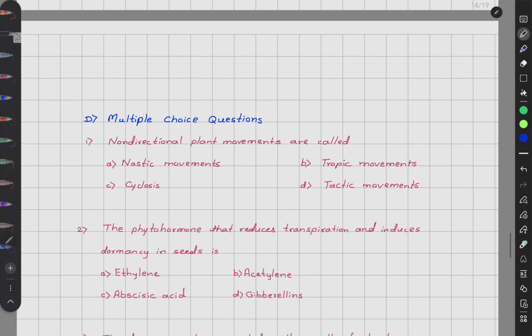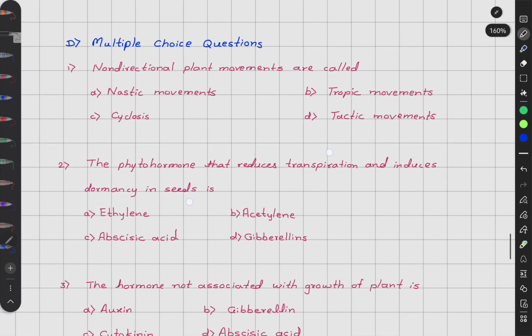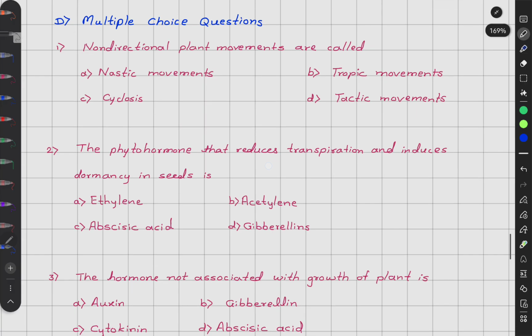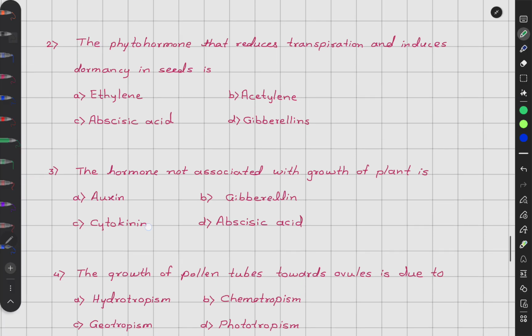Next is multiple choice questions. In MCQ, our first question: non-directional plant movements are called nastic movements. Second, the phytohormone that reduces transpiration and induces dormancy in seeds is abscisic acid.